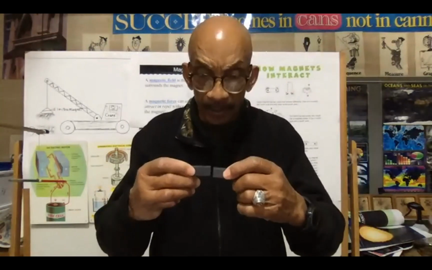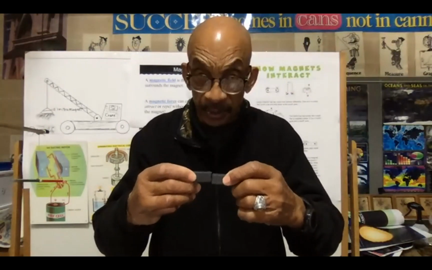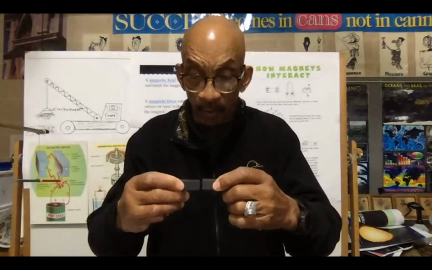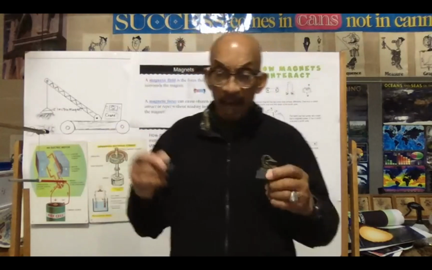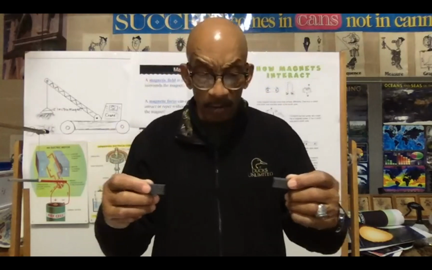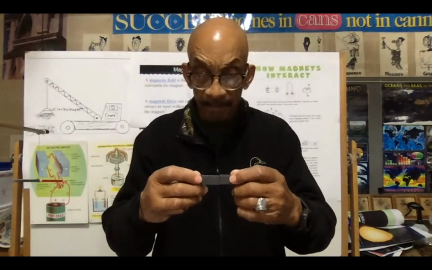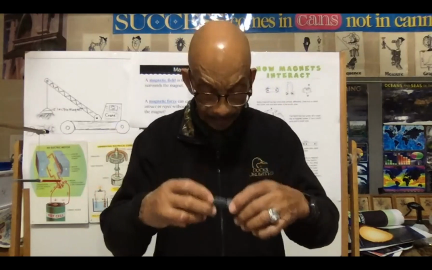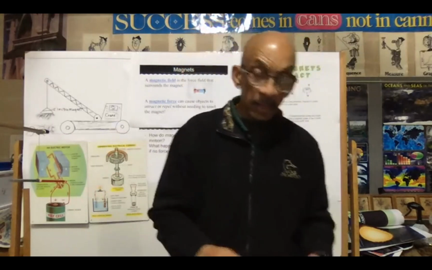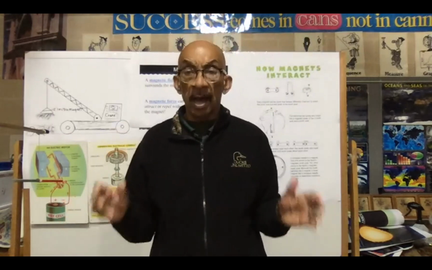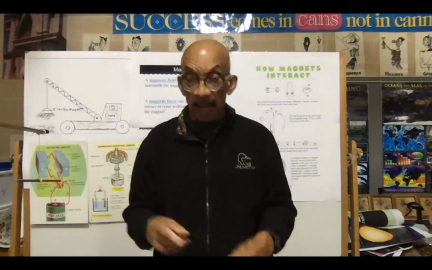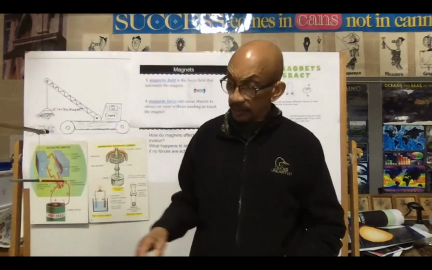I can't hardly put that together because they're pushing each other away. But if I reverse this and I take the South Pole and I match it to the North Pole, guess what? They attract each other, okay? So like poles will repel and push away. Unlike poles will attract. And I want you to remember that.